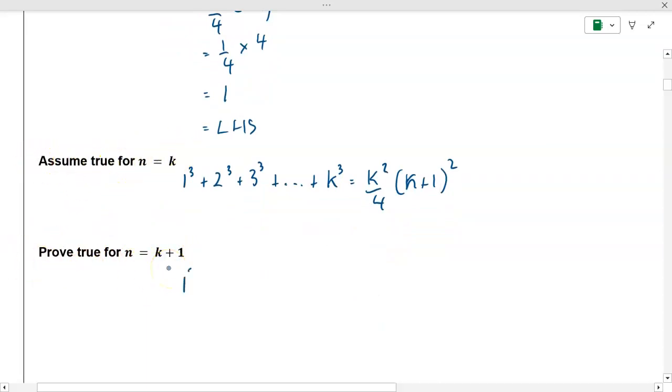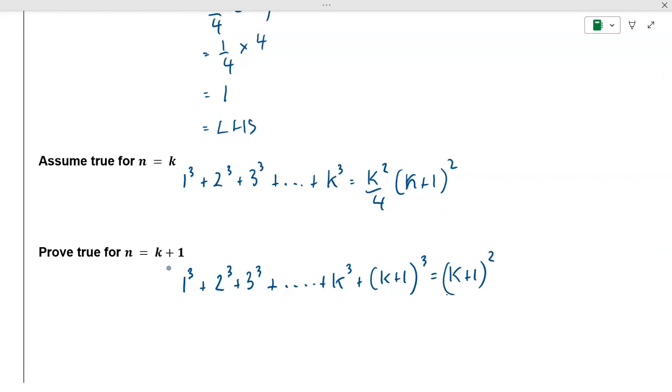So let's write this now down for k plus 1. I'm going to still have my k cubed, but I'm going to have a next term, which is k plus 1 cubed. That's my left-hand side. My right-hand side becomes k plus 1 squared all over 4, and I get k plus 1 squared.